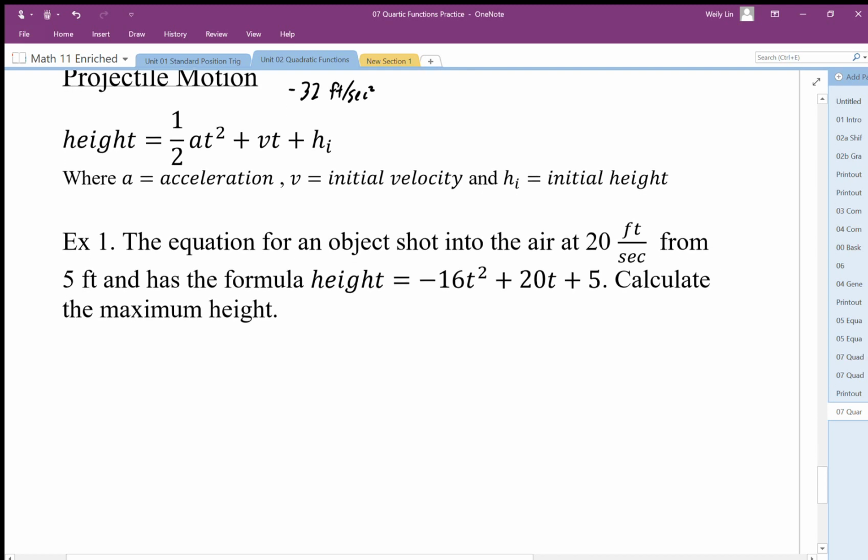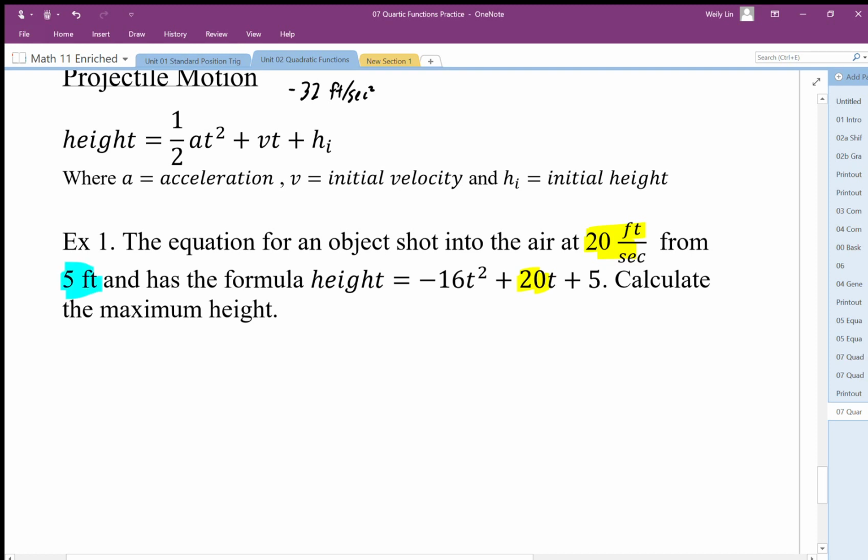So when we are given the initial velocity upward of 20 feet per second, and the initial height of 5 feet, we end up with this equation, -16t squared plus 20t plus 5. I'm just going to highlight that 20 comes from the initial velocity upward, and 5 is the starting height.